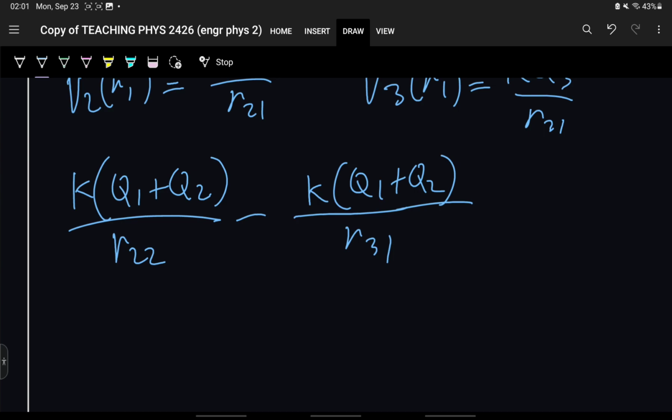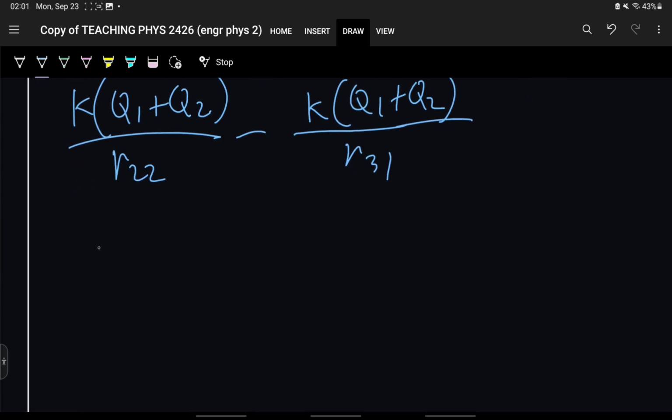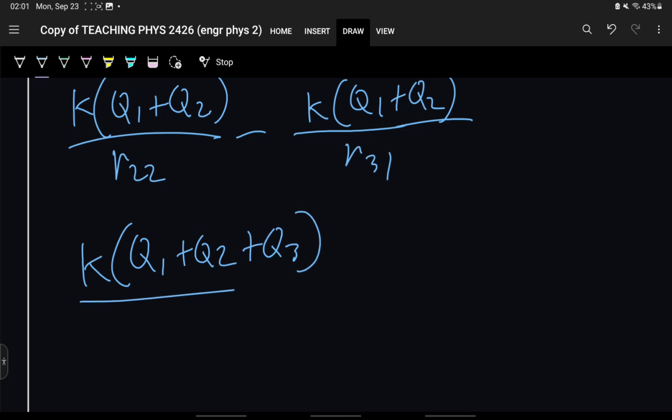And the second is the contribution of M3. At the surface of R1, the potential from M3 is going to be K times Q1 plus Q2 plus Q3 all over R32.